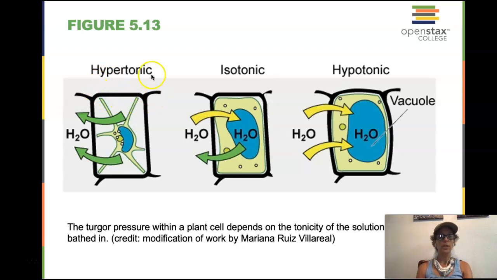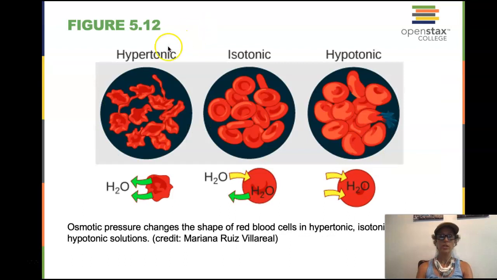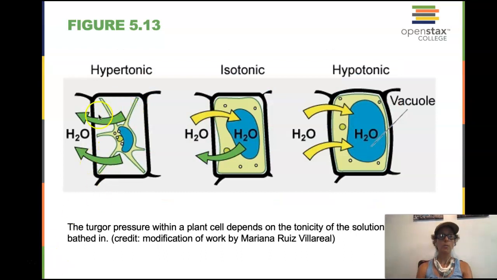If we place a cell in a hypertonic solution, just like with animal cells, the water will rush out. High proportion of water inside versus outside, and that will cause the plasma membrane to shrink. It's called plasmolysis. If we have a cell in isotonic, equal water in and out.